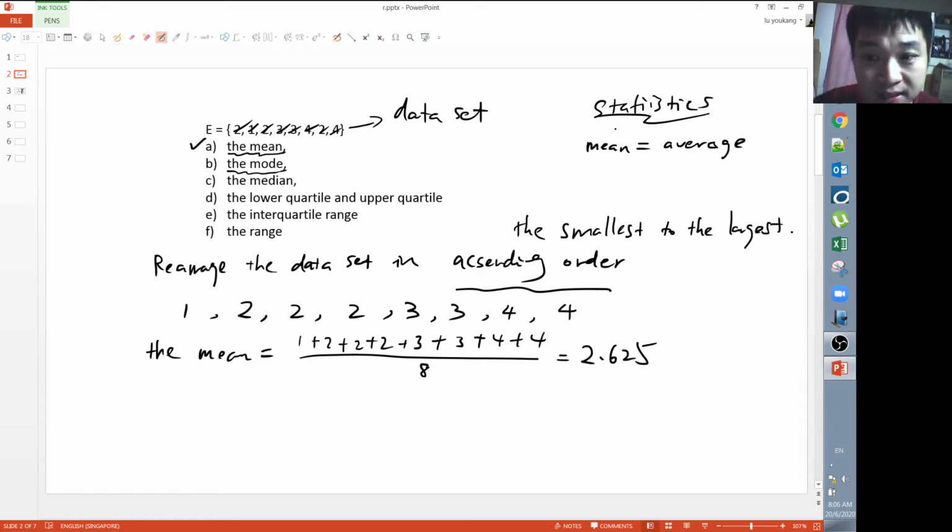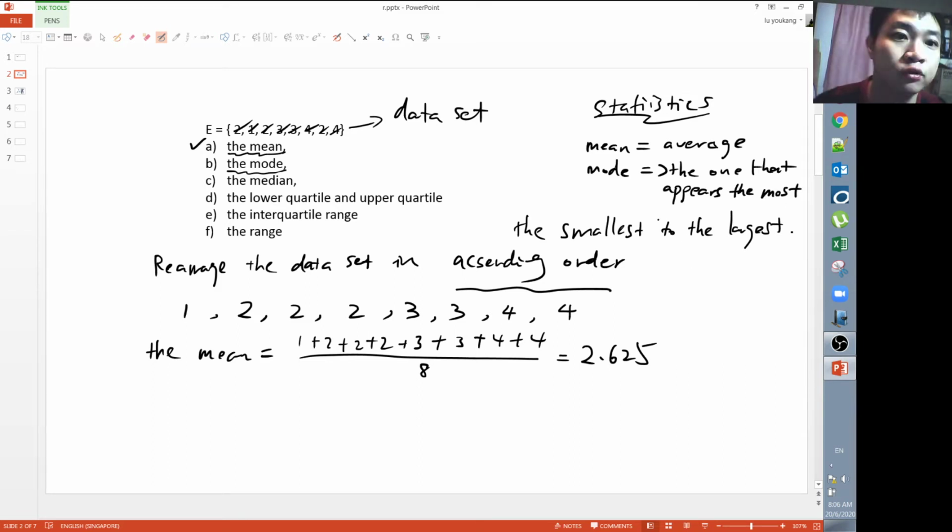In statistics, once again, the mode is the one that appears the most. If you look at the data set here, that's why I asked you to use your pencil, so you can quickly come back to this.